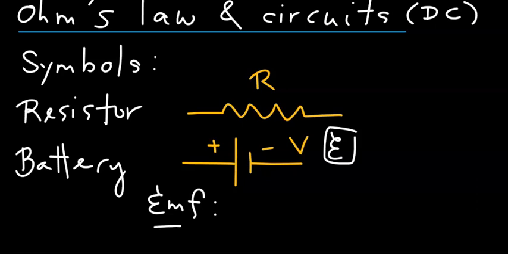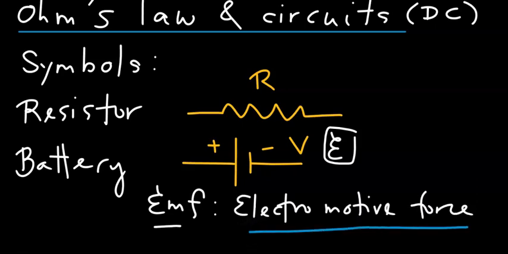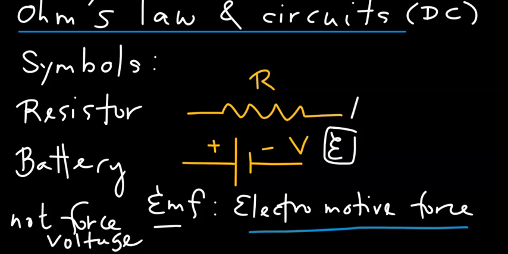EMF stands for electromotive force, but it must be remembered that EMF is not a kind of force. It is a kind of voltage. So the unit that we use to quantify EMF is volt.